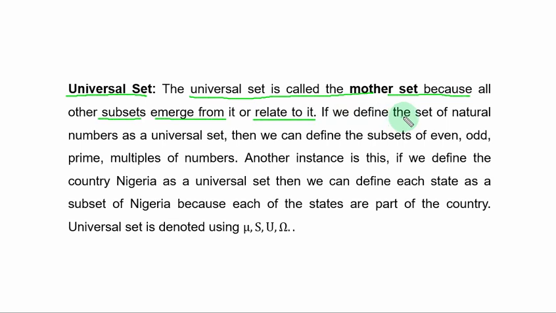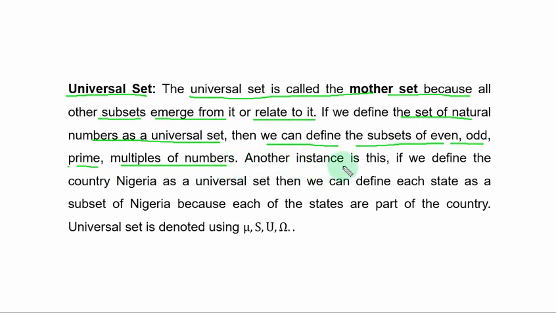If we define the set of natural numbers as a universal set, then we can define the subsets of even numbers, odd numbers, prime numbers, multiples of numbers, and so on. So all these subsets emerge from the universal set, the set of natural numbers.